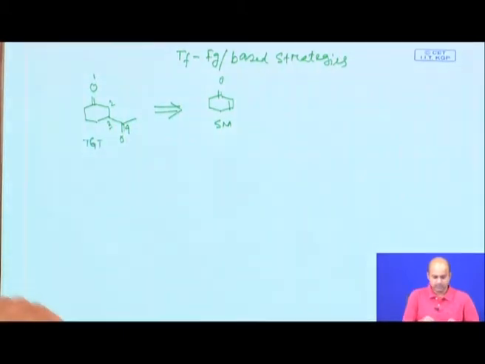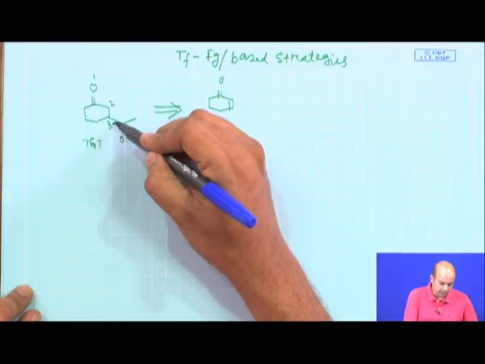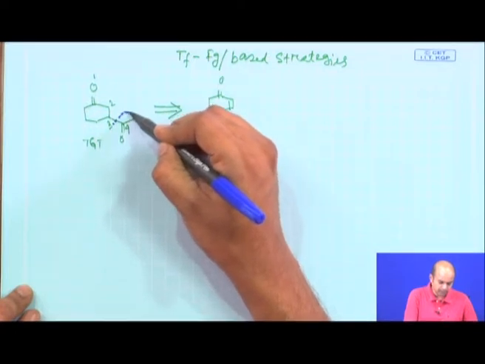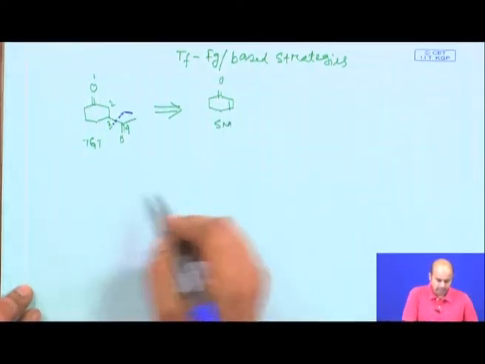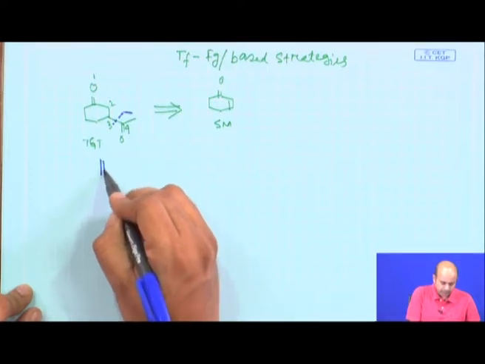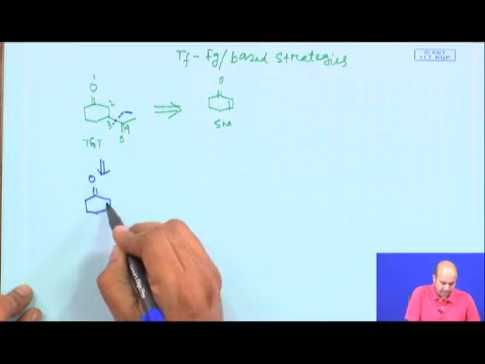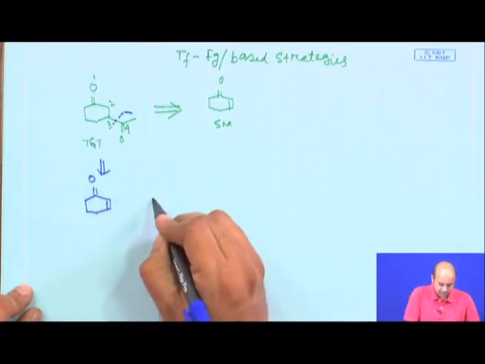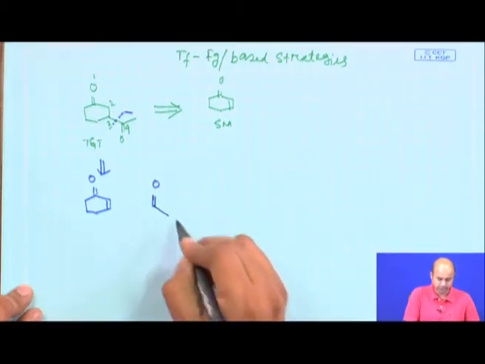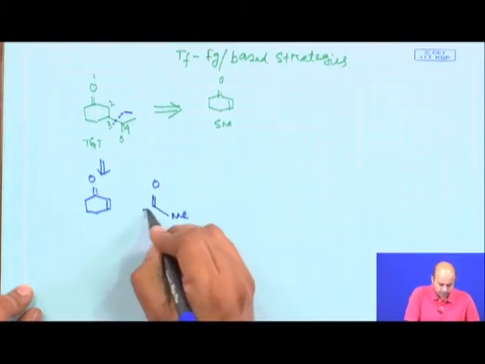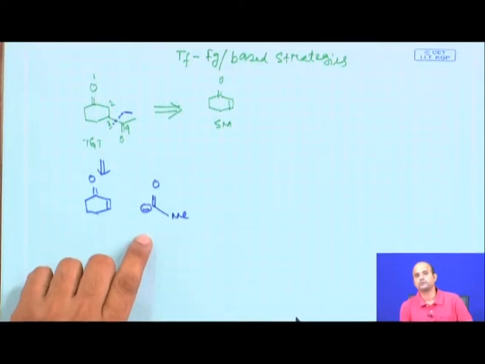Now, eventually if you do a very conventional retro, you will do a retro here, and that will basically give you cyclohexenone as a Michael acceptor, and you need a species which is basically an umpolung species.